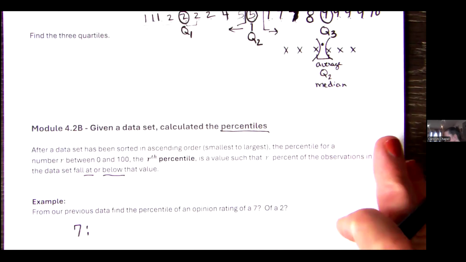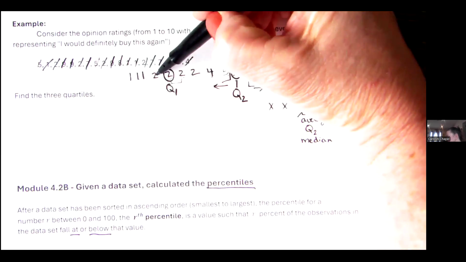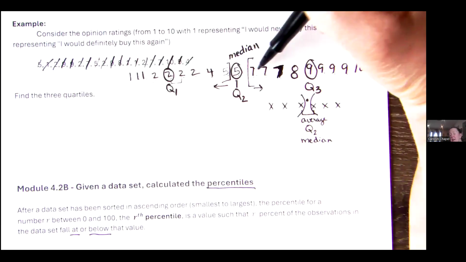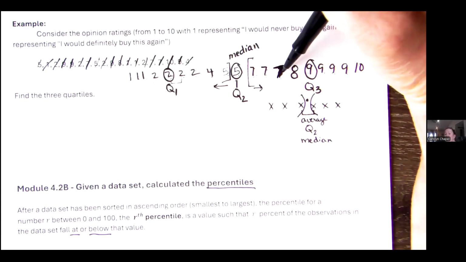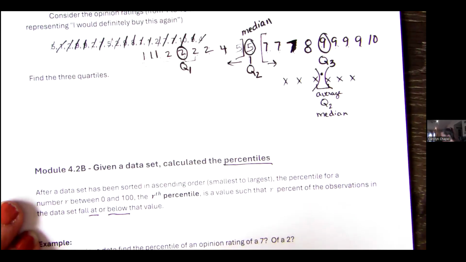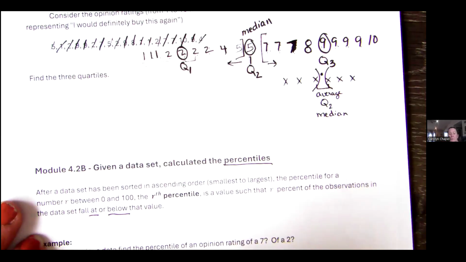So I'm going to just count. That would be my 1, 2, 3, 4, 5, 6, 7, 8, 9, 10, 11, 12, and 13. Remember, we are counting the ones at or below you. So we had 13 out of the 19 that we had in our total group.